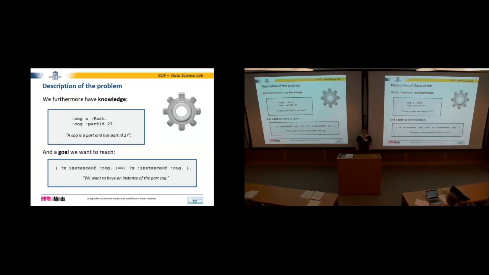Okay, and what else do we need to actually have an example here? We need knowledge. So here I just chose a cog, and suppose that this cog has a part ID, which is 27. And then we also need a goal to reach. What we want is to produce an instance of a cog.